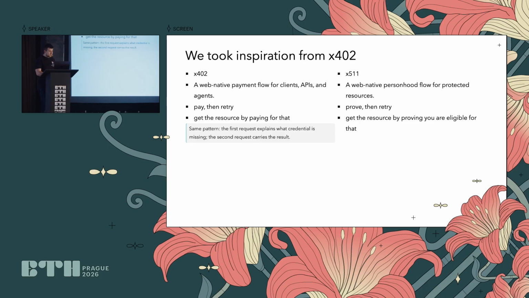That's why we took inspiration. What X402 enabled was agent-native payments for clients, APIs, and agents. You basically pay, then retry, and you get the resource. X511 is the same, just you prove, then retry, and you get the resource by proving that you are real.